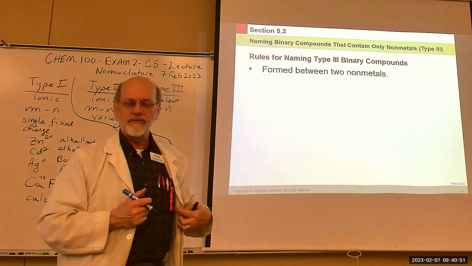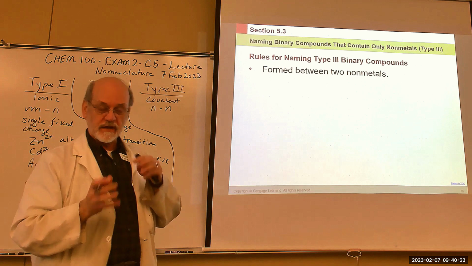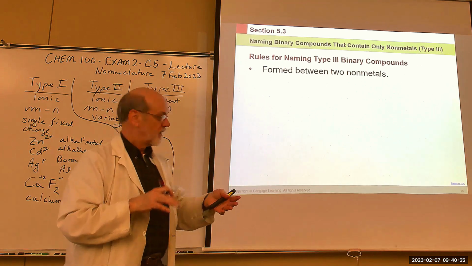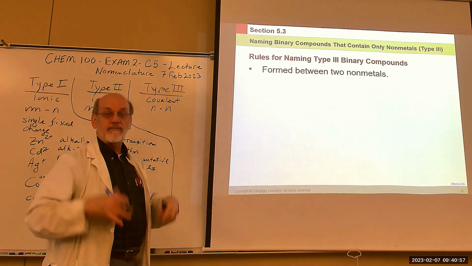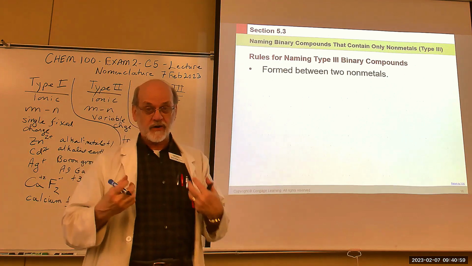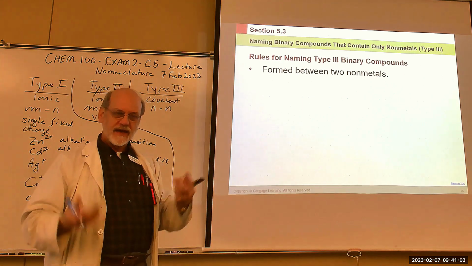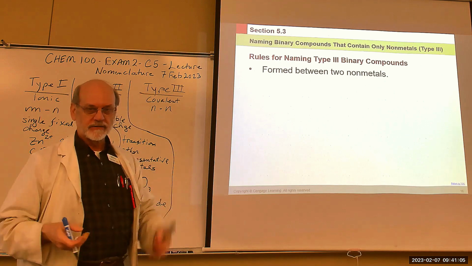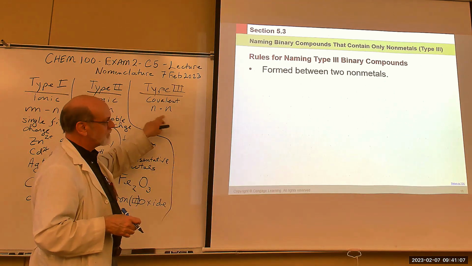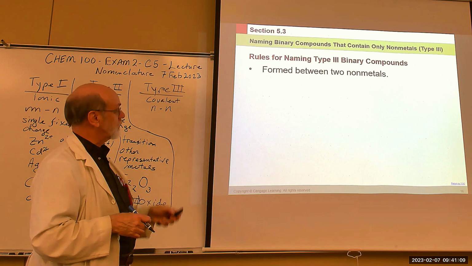So you're more likely to form an ionic compound between a metal and a non-metal. But when you've got two non-metals, they both want those electrons. So the only way they can satisfy and bond is to share. So these non-metals share their electrons.